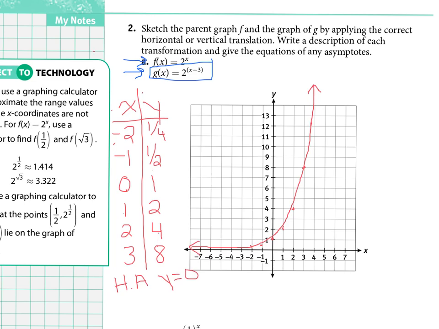Make sure that the x minus 3 is all in the exponent. You should see that this is a horizontal shift right 3 steps. So literally every single point is moving to the right 3 steps.